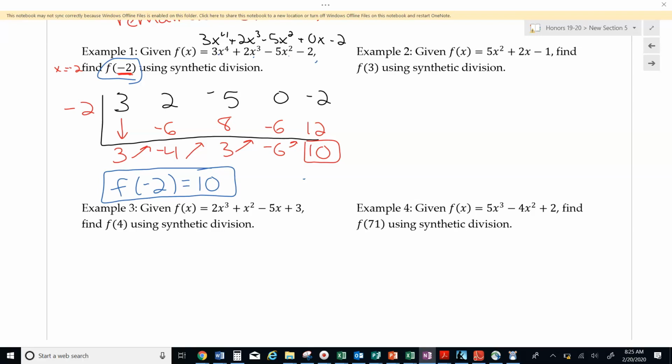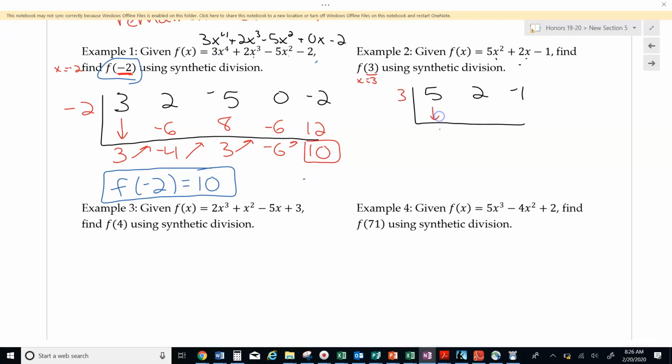Okay, same idea. Given 5x squared plus 2x minus 1. I'm not missing any terms here. So I have my coefficients 5, 2, and negative 1. And I'm going to find f of 3, and that's x equals 3.